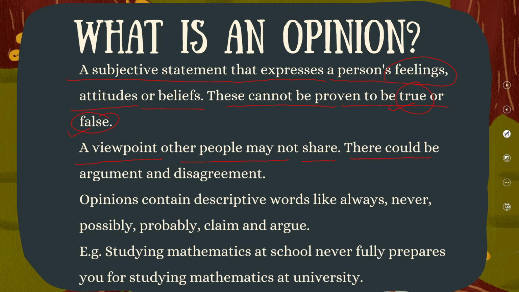There could be argument and disagreement. Opinions contain descriptive words like always, never, possibly, probably, claim, and argue. For example, studying mathematics at school never fully prepares you for studying mathematics at university.